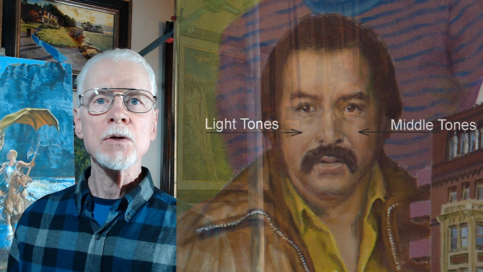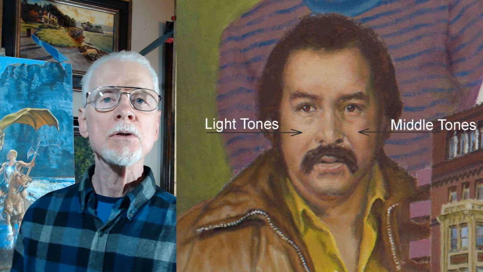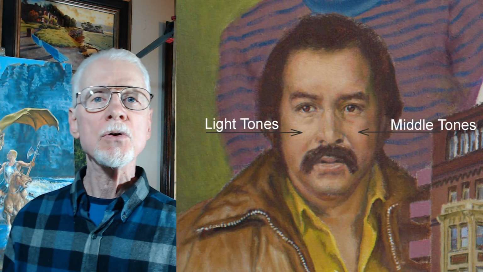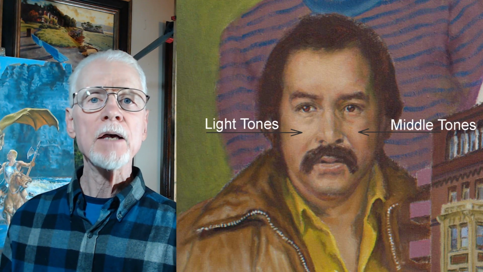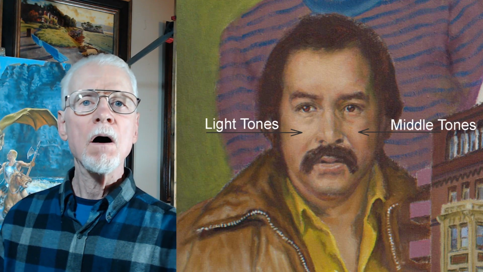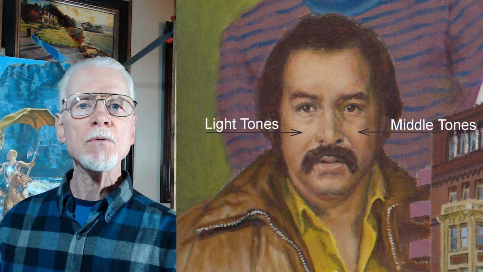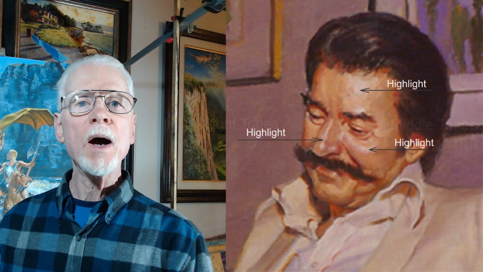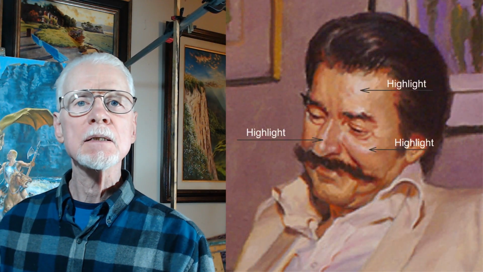The light side consists of 4 tones from light to middle tone, usually rendered as 2 light tones and 2 middle tones. Often, the light side will have a bright, almost white area called the highlight.